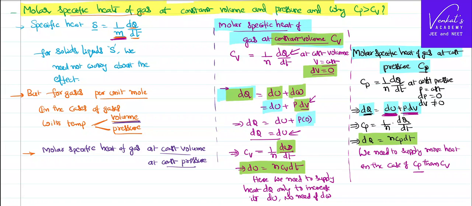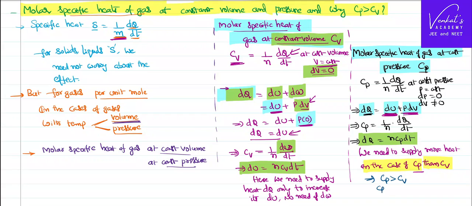Whereas in the case of Cv, we supply heat only to increase internal energy, but no need of doing any external work because volume is kept constant there. So it's obvious that dQ demands more heat in the case of Cp than Cv. That's the reason why Cp is greater than Cv.